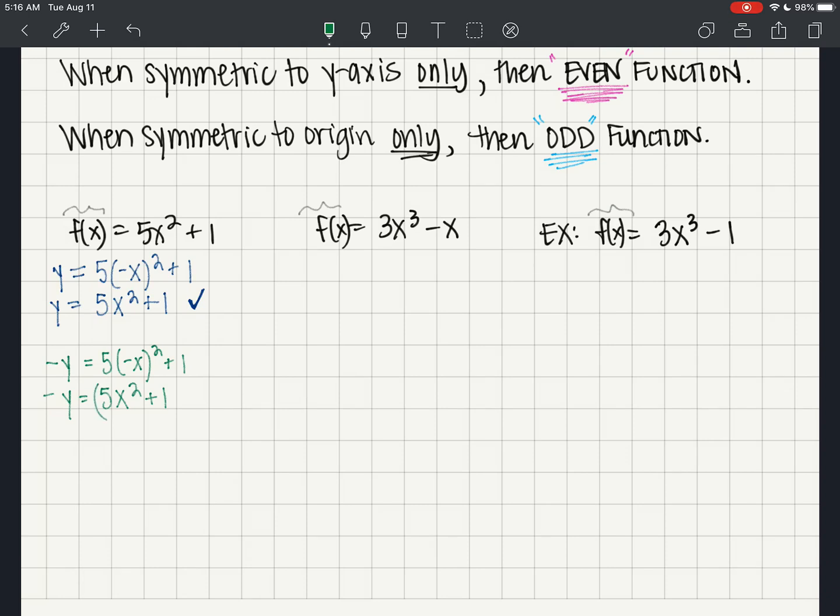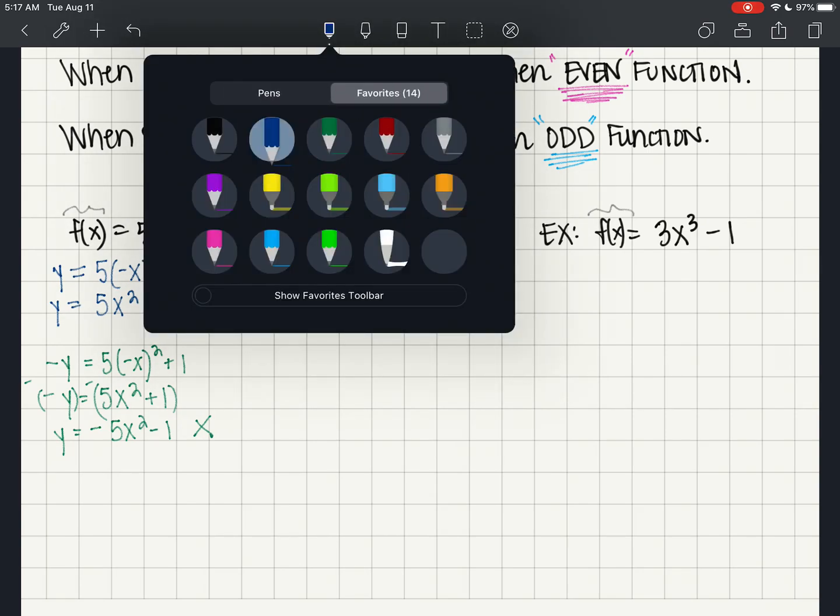Now look, I'm going to multiply both sides by a negative. So when I multiply both sides by a negative, I get y equals the opposite of 5x squared minus 1, which is not the original equation. So this is an even function.